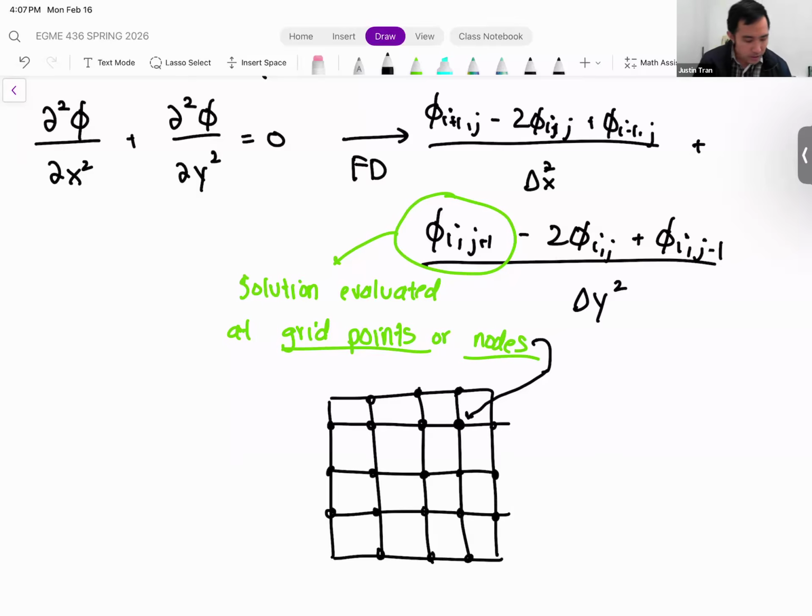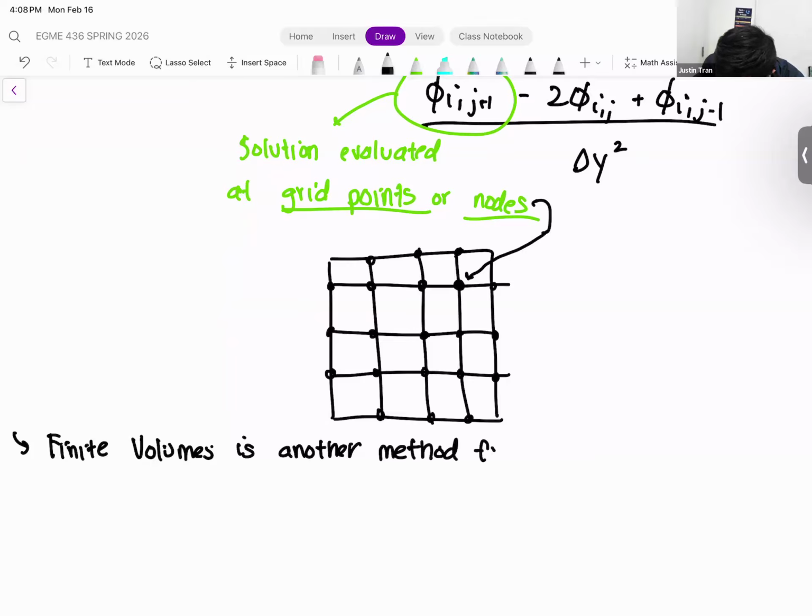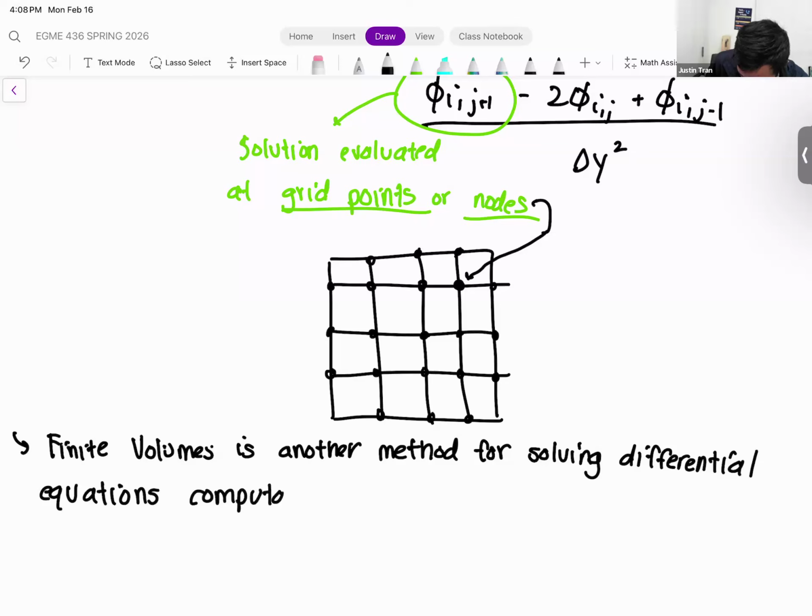But in the world of CFD and heat transfer, we have another method called finite volumes. At first glance, finite volumes is another method that we can use to solve these differential equations computationally.